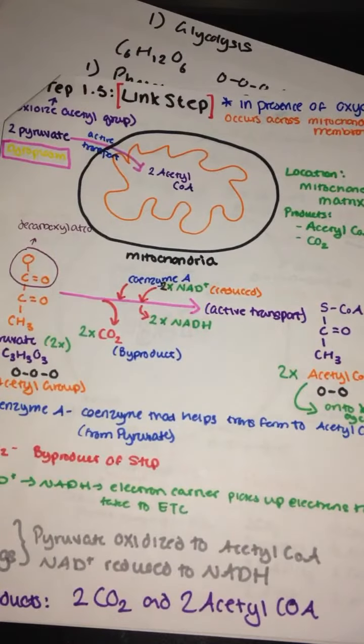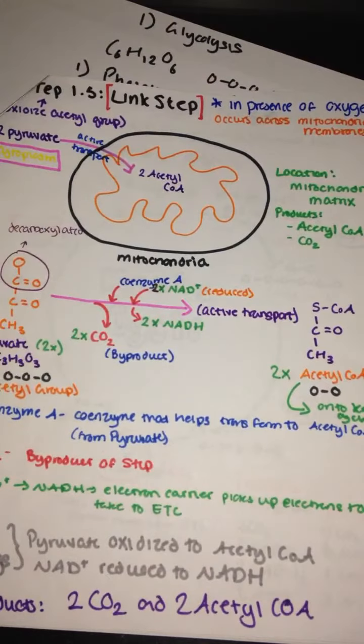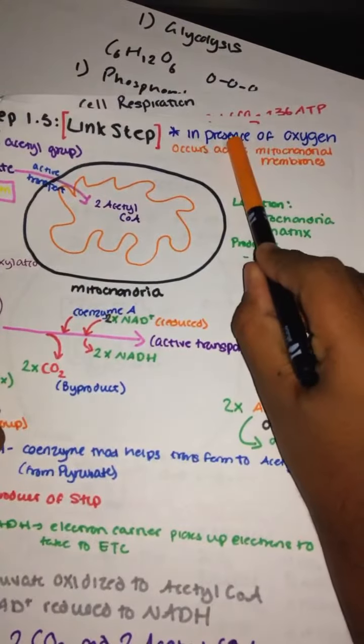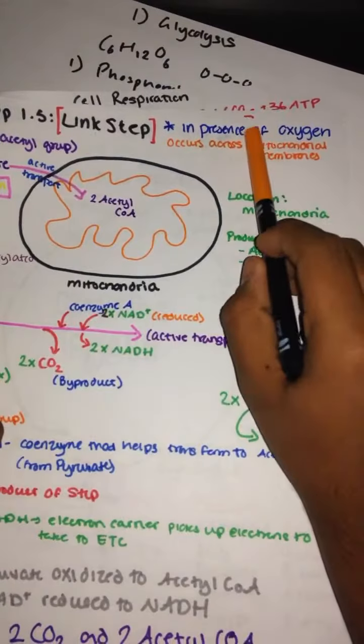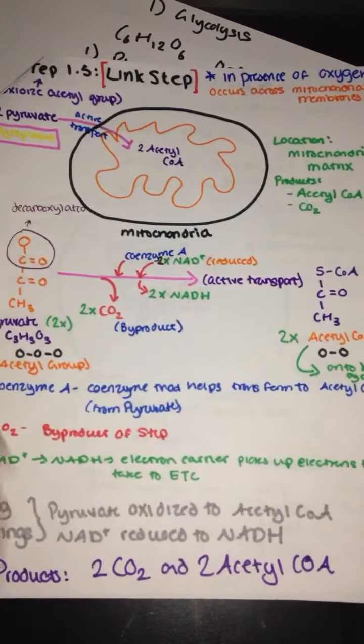Now, the link step occurs across membranes between the cytoplasm and the inner mitochondrial matrix. The link step only occurs in the presence of oxygen. If there's no oxygen present, then the pyruvates will go through anaerobic respiration, which is when you go through fermentation to produce either ethanol or lactic acid.